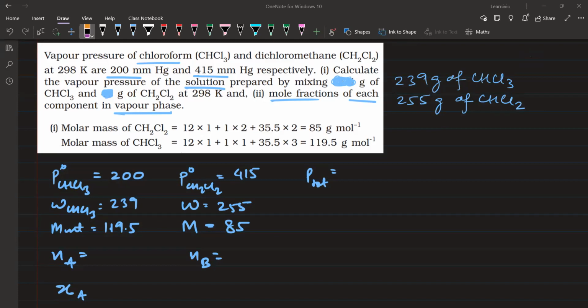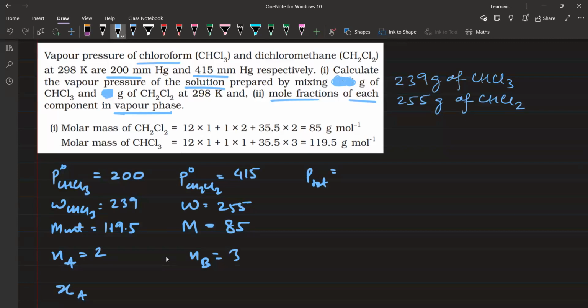So is it 0.4? Oh, number of moles of A, how much did you get? Number of moles of A is 2, and for B, 3.